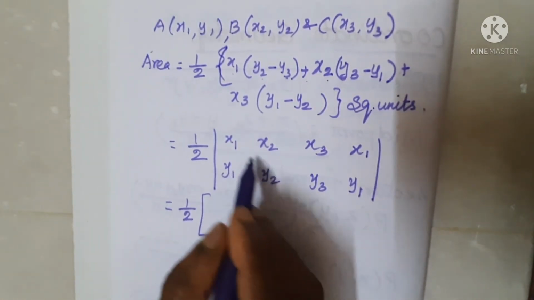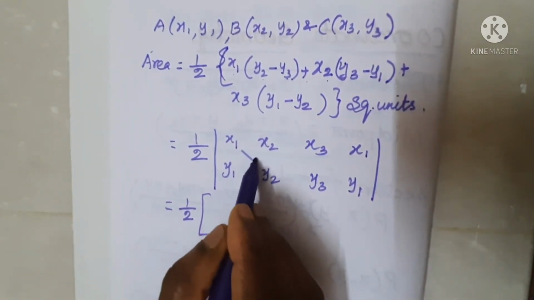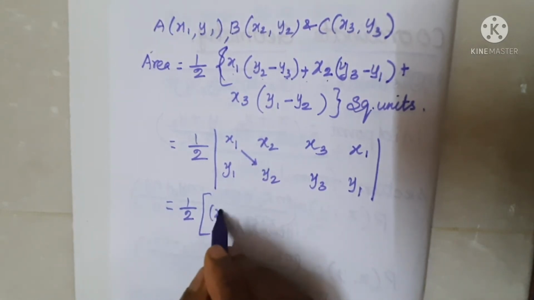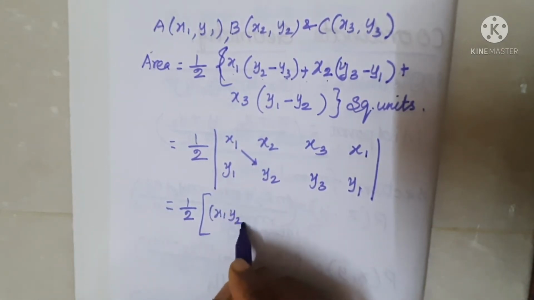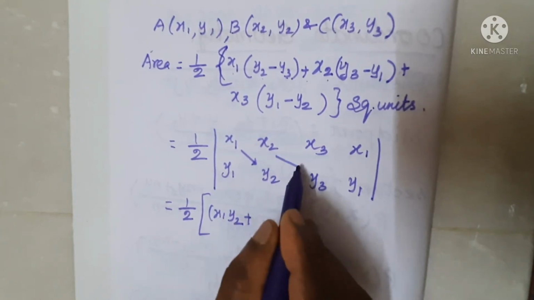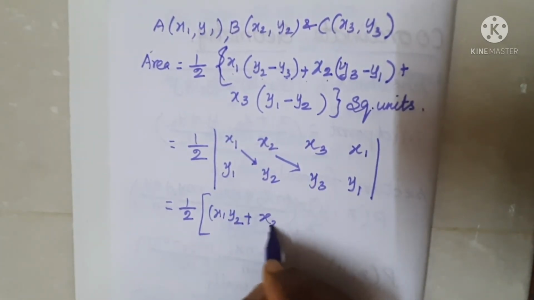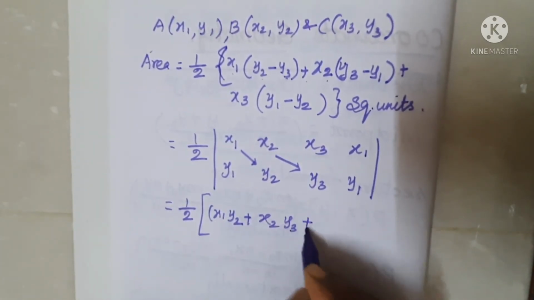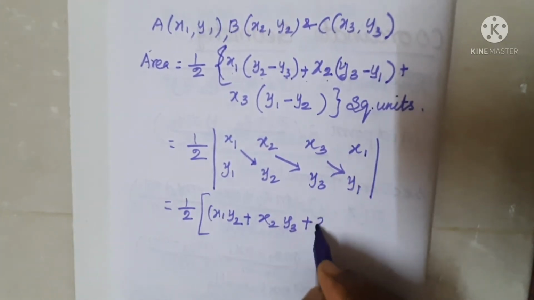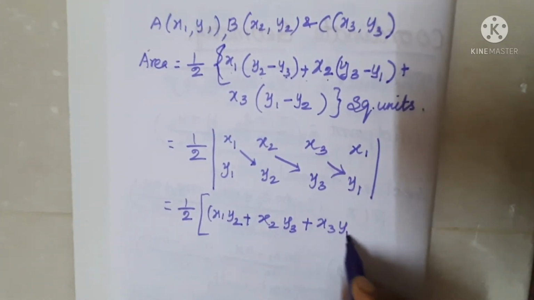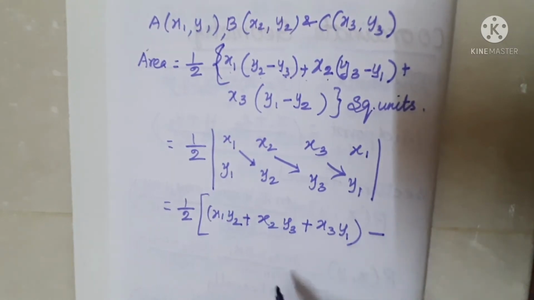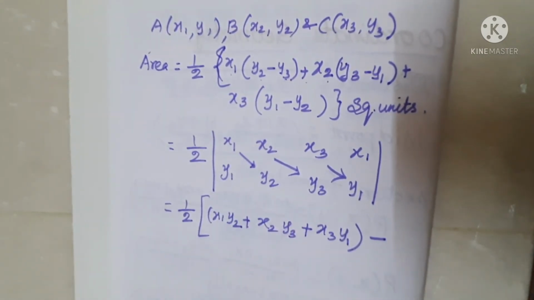You get x1 into y2, plus x2 into y3, plus x3 into y1, multiplying in this direction.